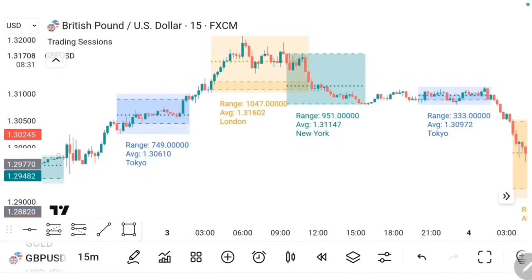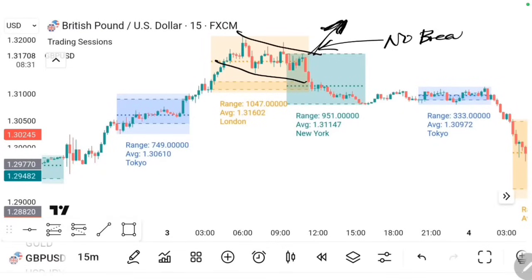Here as well, I'm just trying to be frank with you. This setup was supposed to work out. This is supposed to be our trade here, but the market did not break out. There was no breakout on this day, and so no trade.